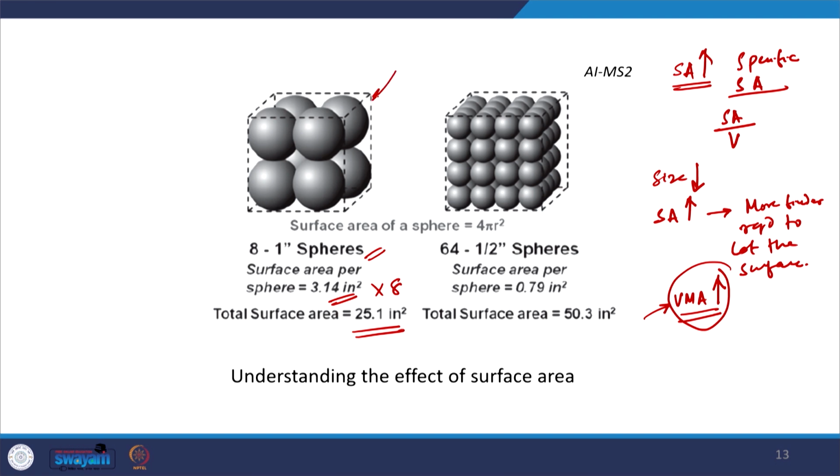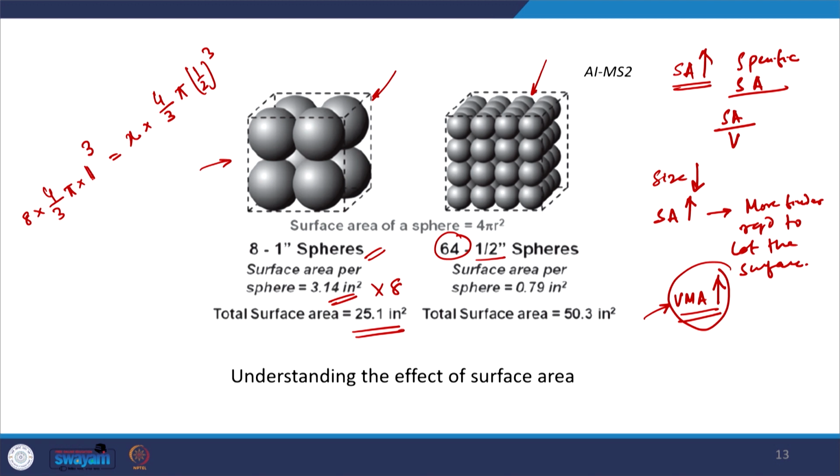So, in the same volume, if I am to add spheres of smaller dia, let us say we are just reducing the dia by half of the initial one, which means half inch spheres. If I want to add, it is 64. The question is why it is 64. You can do this calculation very easily. If you are adding 8 spheres into the volume, which is 4 by 3 pi r cube, let us say it is a unit cube, then the question is how many spheres can be added with half the dia.